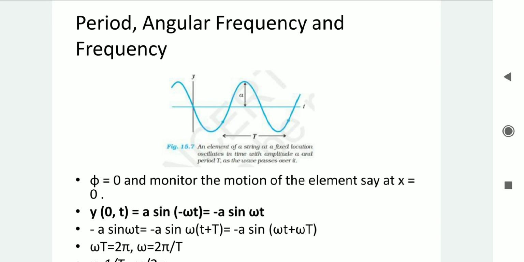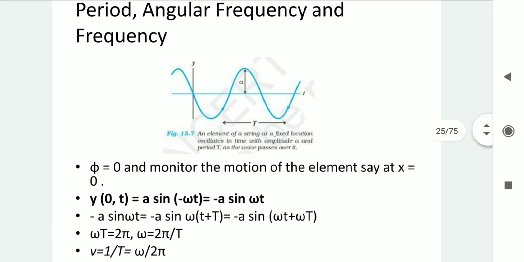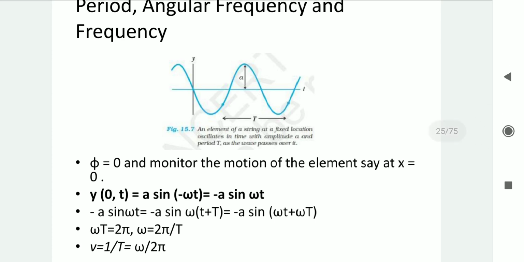Here we are considering the origin point x equal to 0 as the reference point, and take initial phase equal to 0. So substituting x equal to 0 and φ equal to 0, that equation can be rewritten in the form y(0, t) = a sin(−ωt), that will give you −a sin ωt.